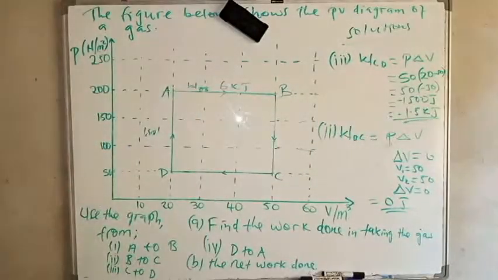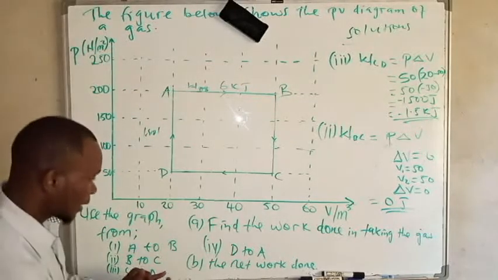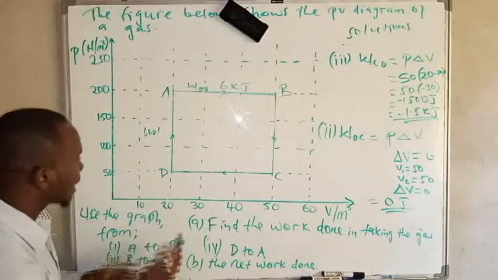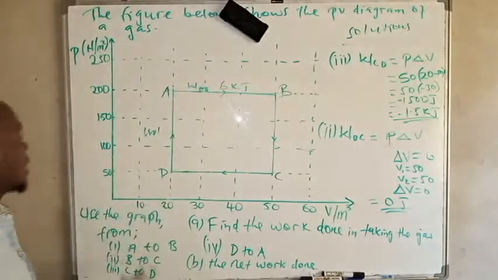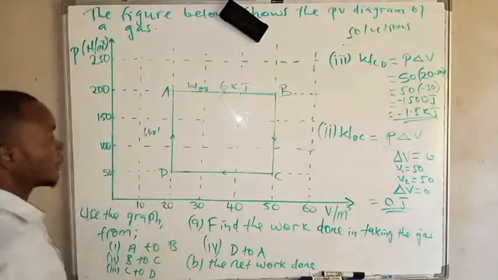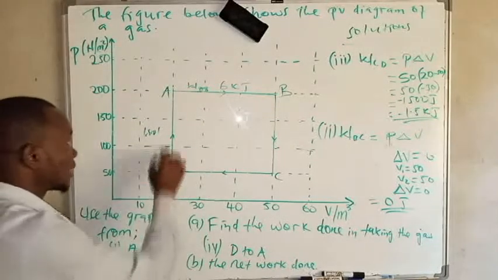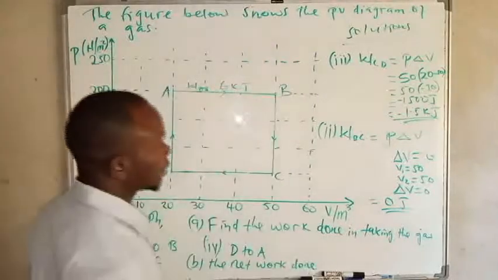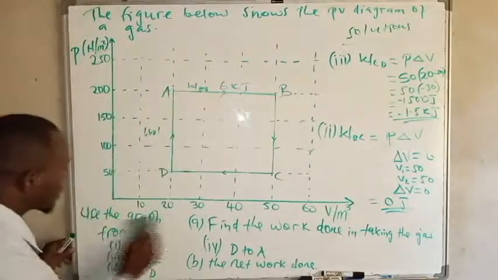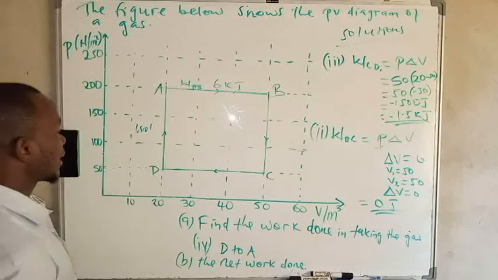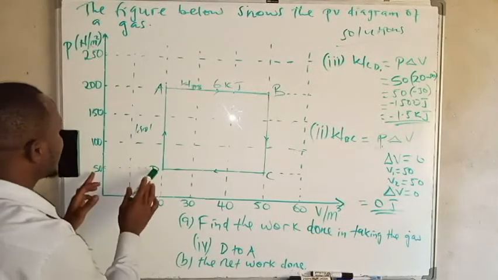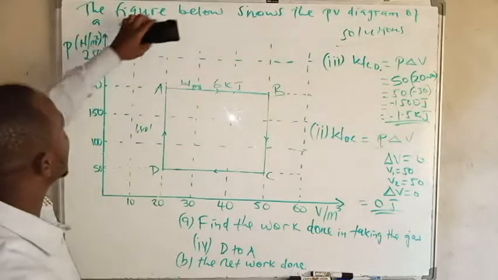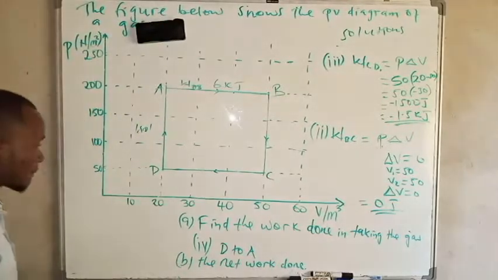From here, we are going to find the work done in taking the gas from D to A. From D to A, the pressure is changing from 50 to 200 newtons per square meter, but the volume remains constant.